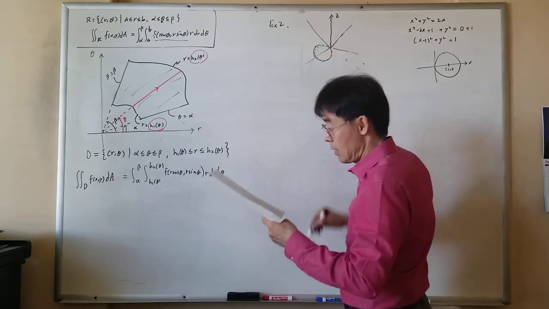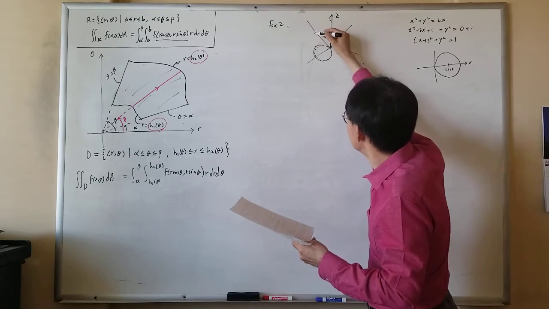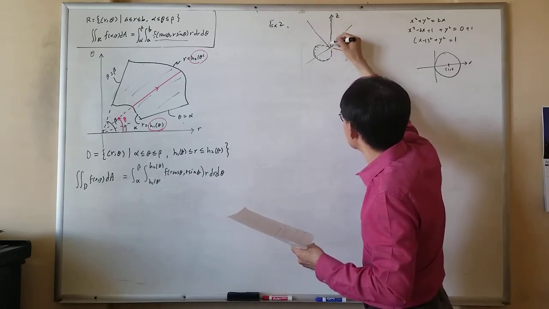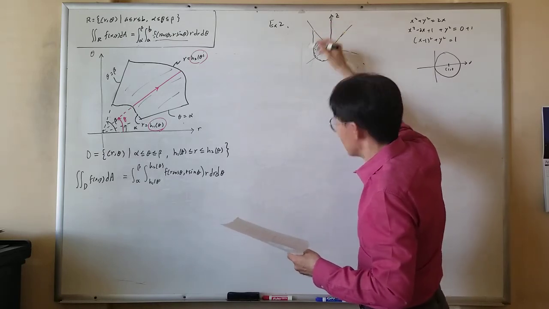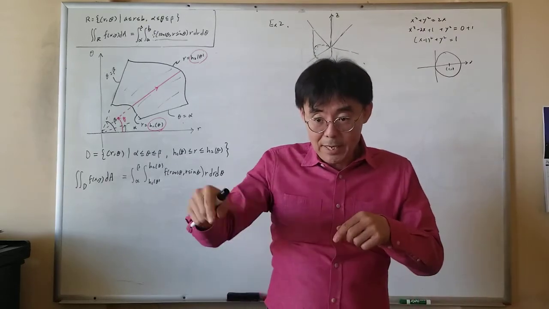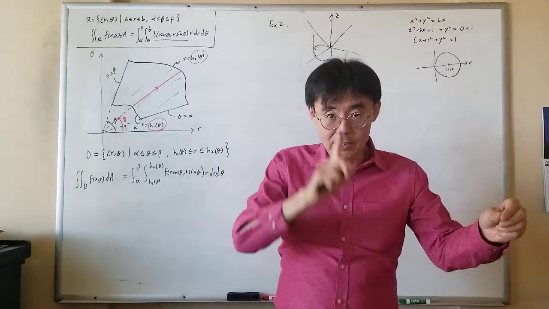So your circle is like this over here. And the cylinder, I don't know how to draw this. So you have x, y, and z.